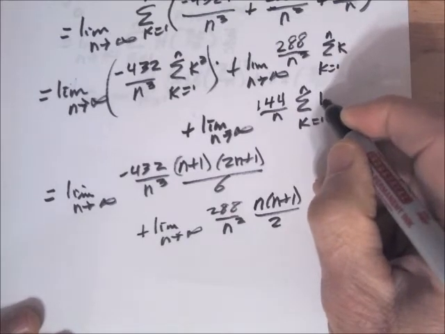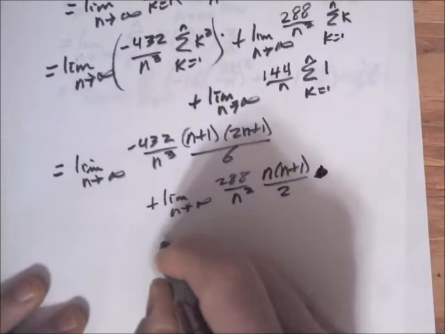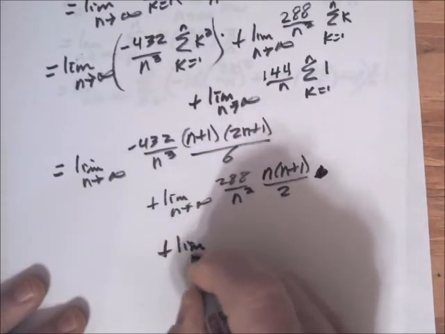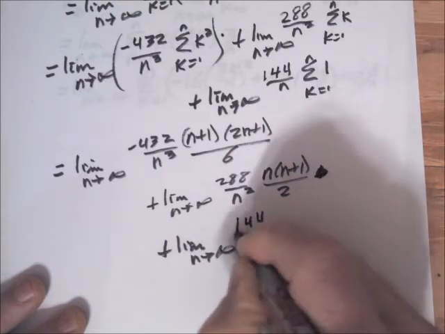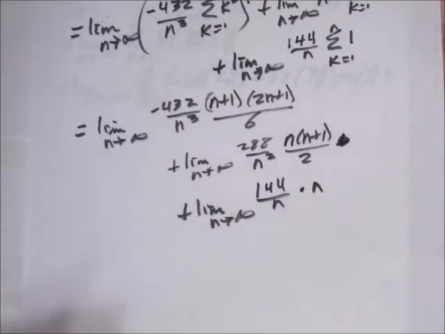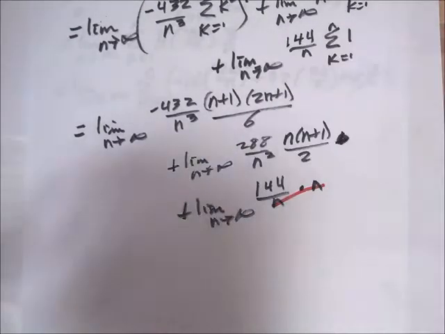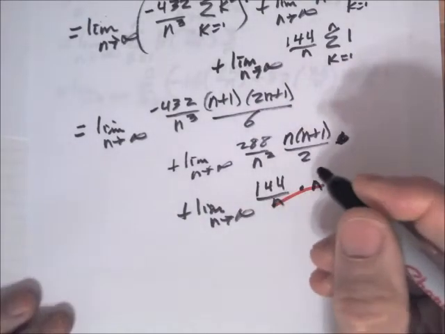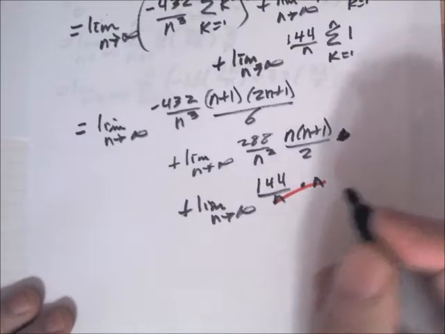And this last sum is 1 plus 1 plus 1, n times, so it's just going to be n. Plus the limit as n goes to infinity of 144 over n times n. Okay, so these n's will cancel, and 432 divided by 6 is 72.